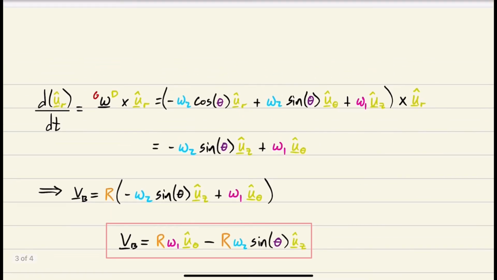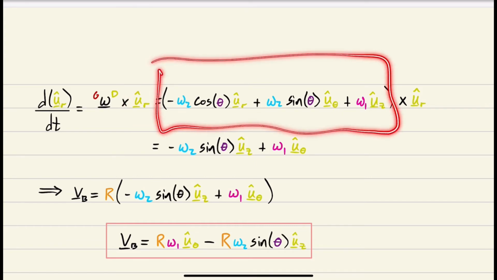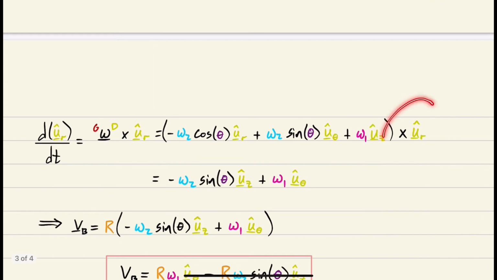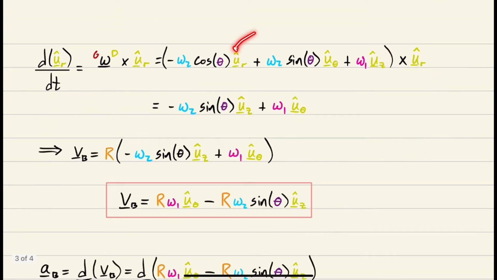So dUR/dt is equal to omega DG crossed with UR, right? The absolute angular velocity of frame D crossed with the vector itself that we're interested in. This is just copied and pasted from above. That's just this. And then we're crossing it with UR. UR crossed with UR is 0. U theta crossed with UR is negative UZ.